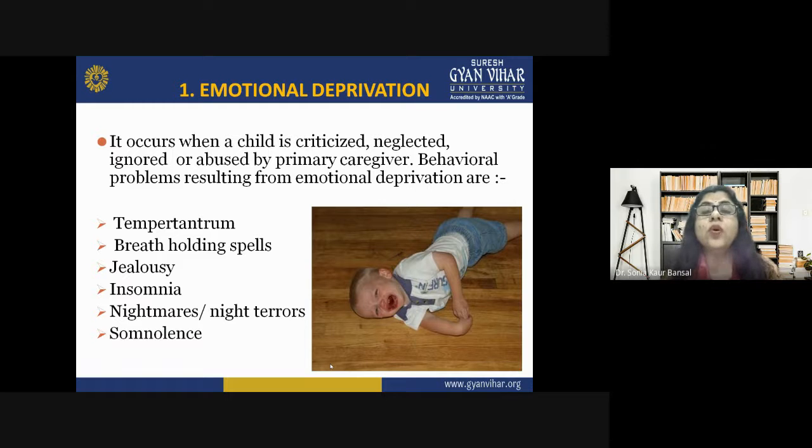Children can hold their breath for almost 1 minute, which leads to faintness. Then there are jealousy, insomnia, nightmares, night terrors, and somnolence. These are all the characteristics of emotional deprivation, so we have to be very careful while handling children.